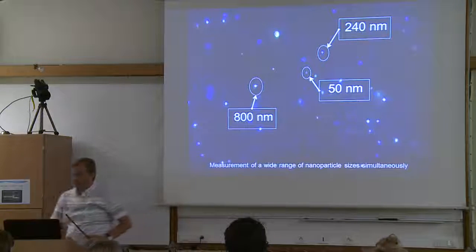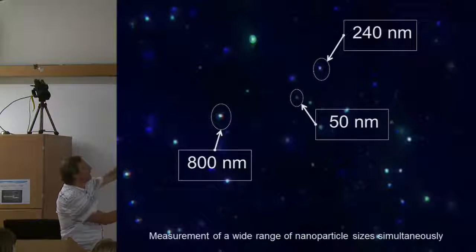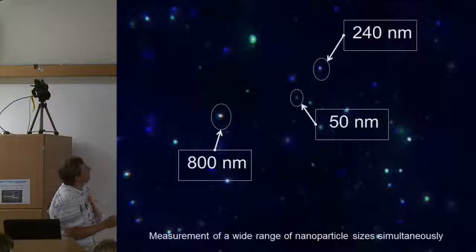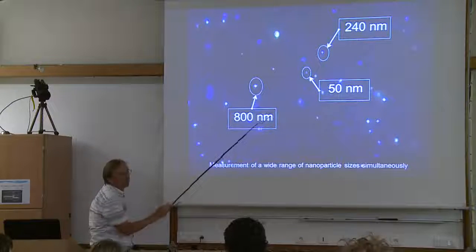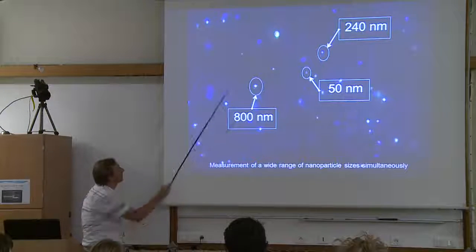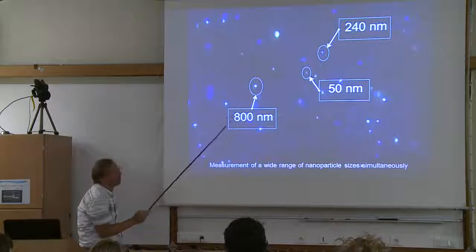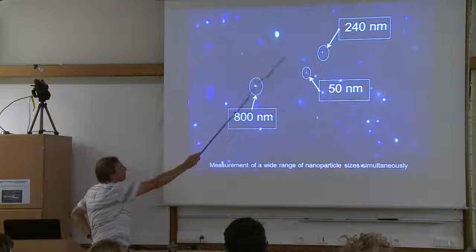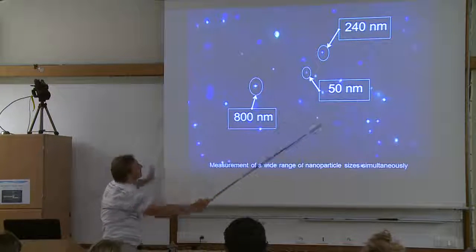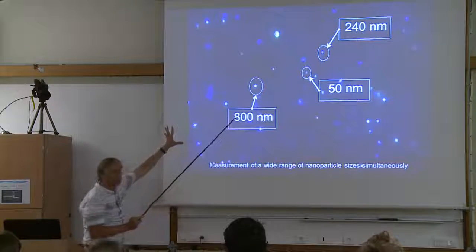So by taking movies like this with this kind of system, you can track during a movie each individual particle, its movement. You can compute its Brownian diffusion coefficient, and from the Brownian diffusion coefficient you can determine its size. If you have the system calibrated in terms of interrogated volume, you can also count these particles.